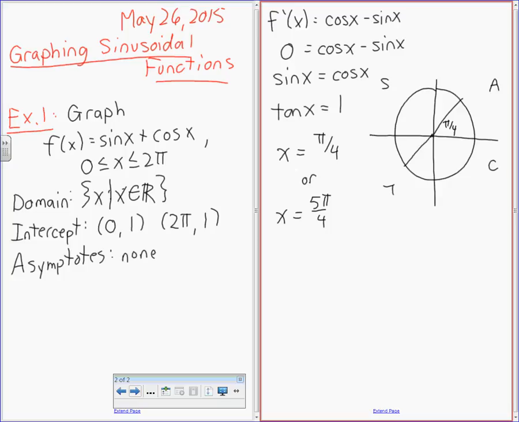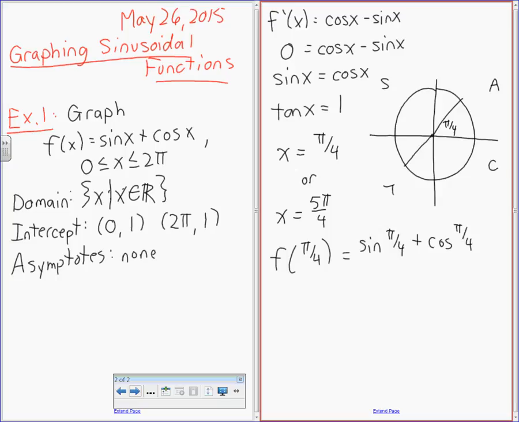The next thing I should do then is find out what f of pi by 4 equals. I'm going to show off my math skills and not use the calculator for this. This is going to be sine of pi by 4 plus cos of pi by 4.